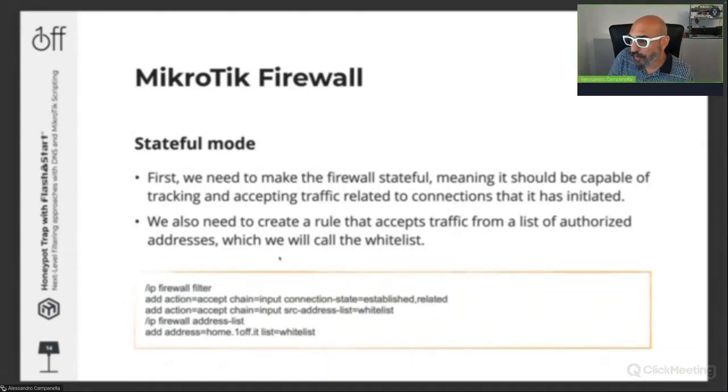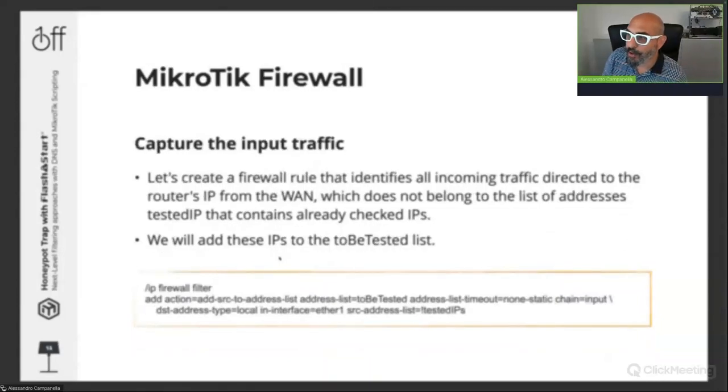Okay. So now that we have our firewall configured, we need to add a new rule to capture the traffic coming from the internet and directed to the router itself. Of course, what we want to do is to add these IP addresses to a list of IP addresses that need to be tested. So I create this new filter rule and I add all the traffic coming from the Ethernet one.